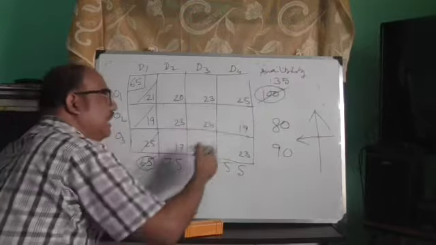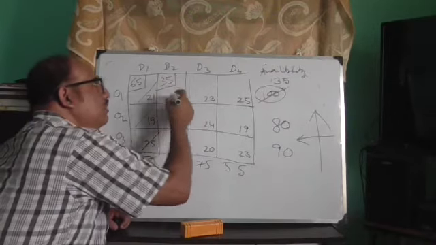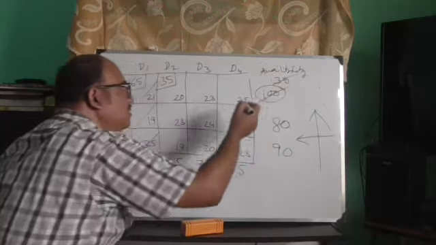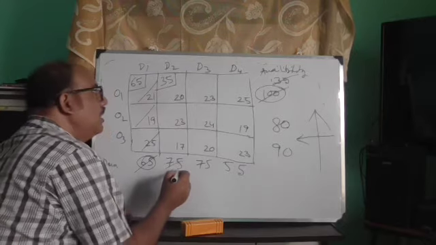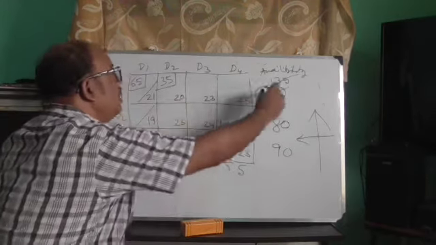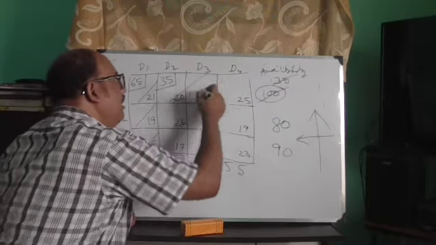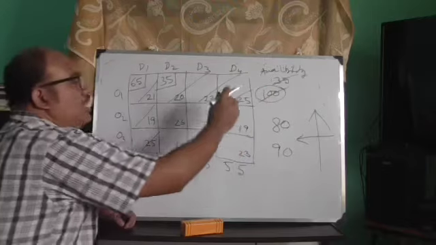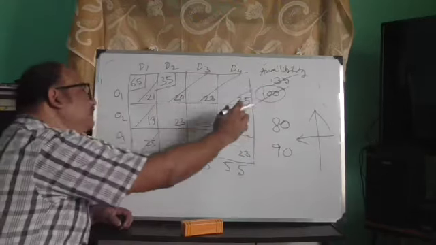So the minimum is to be put. So I put 35 here. If I put 35, this is exhausted, and 40 units are still to be given. Because O1 is already exhausted, I have already given 100 units, so I will block origin 1. Nothing more can be given from origin 1.